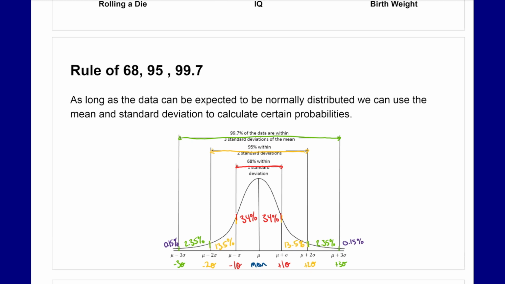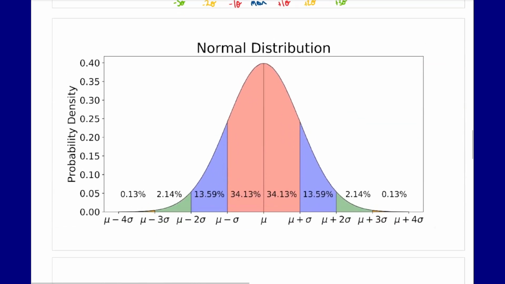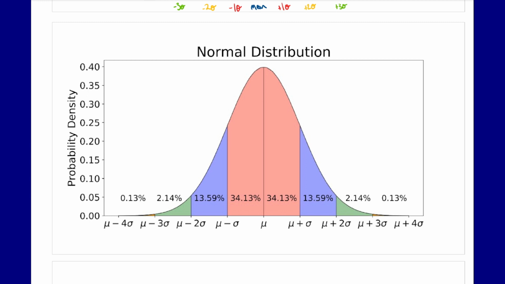Just so we can get some color coding in here, see the difference. So again, here's the same thing. This one's a little more accurate with the different percentages we can see here, but I would stick to the ones that we talked about, right?